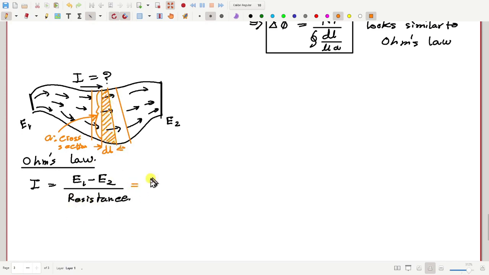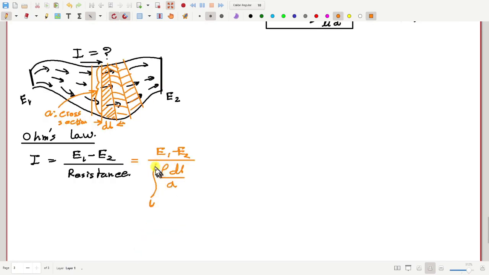Then how much is the resistance of this slice? So here I write E1 minus E2 divided by the resistance. Now the resistance of this particular slice is rho dl by A. And now if I add the resistance of all these slices which are in series, I have to integrate it over the length of the conductor. So that's Ohm's law.